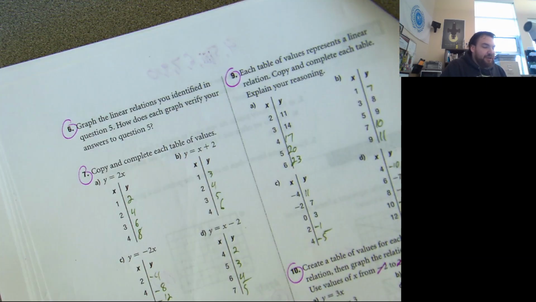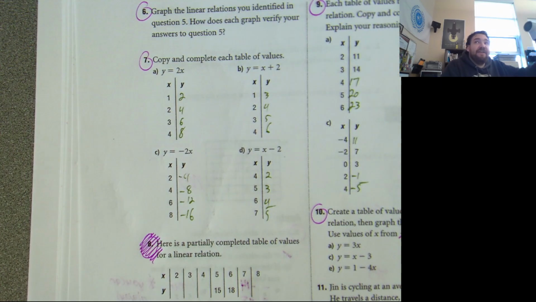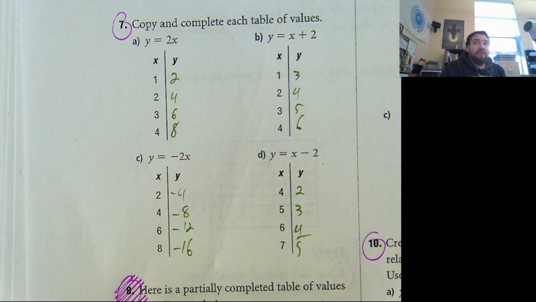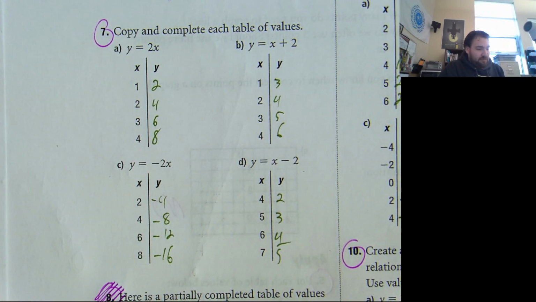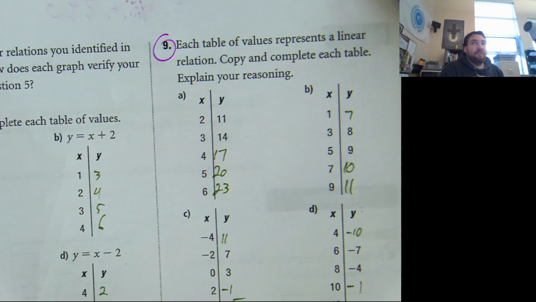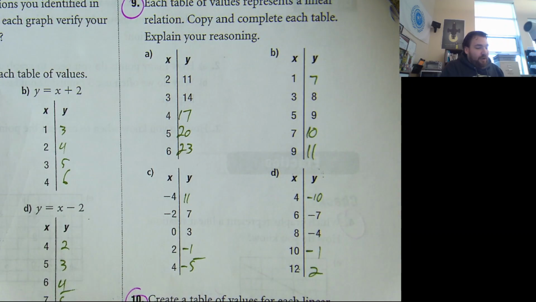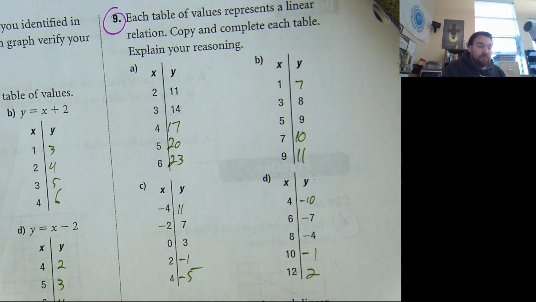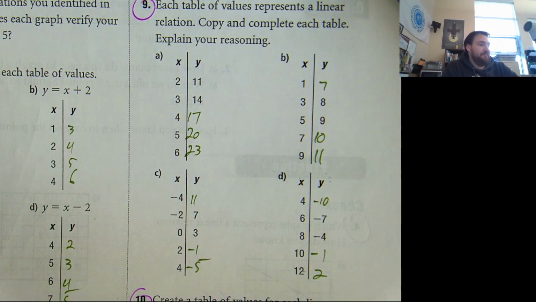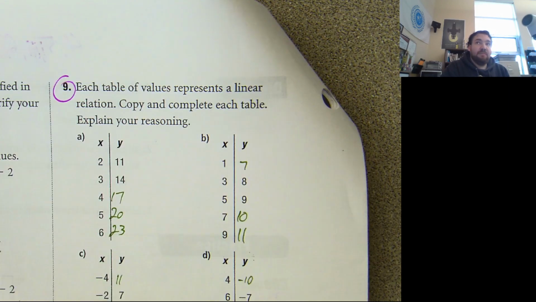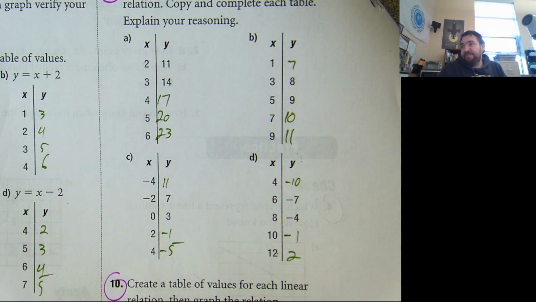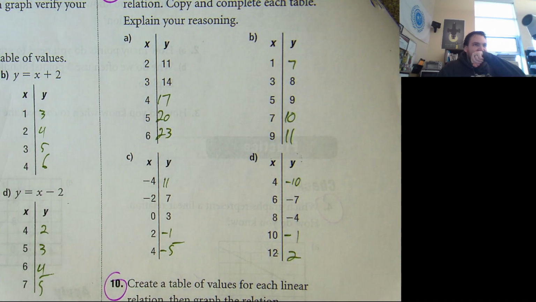Okay, 7 wanted you to complete the table. There's 7. You just plug in the x values. 9 wanted you to complete the table. There it is. Comments, questions, concerns about number 9?